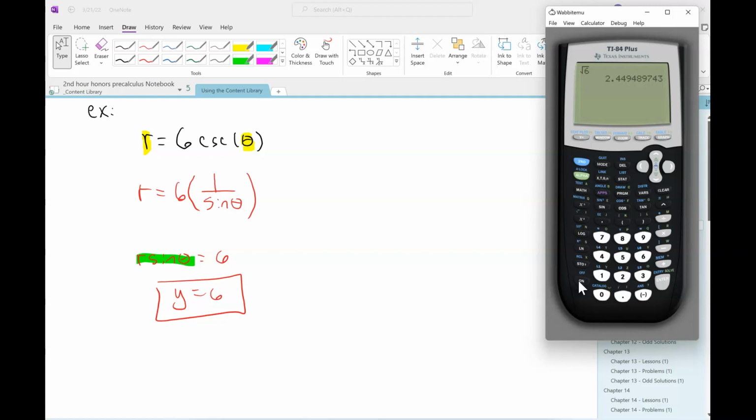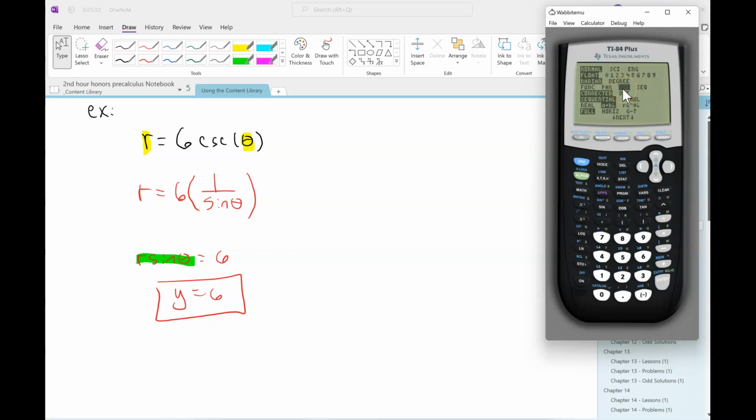All right. So let's see what this picture would look like on our calculator, right? The first thing I'm going to do is change my mode. I'm going to switch back to radian mode and go to the polar function option.